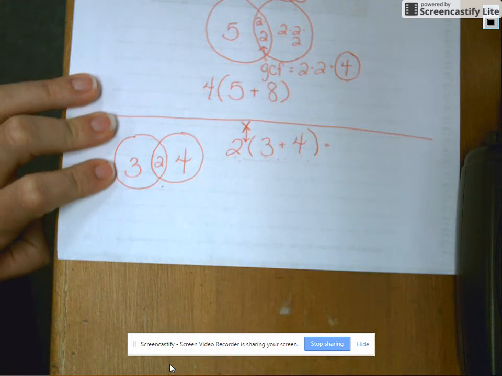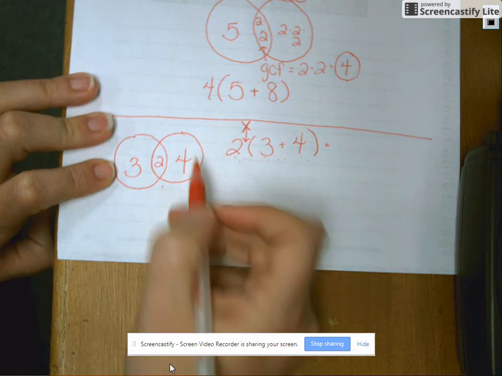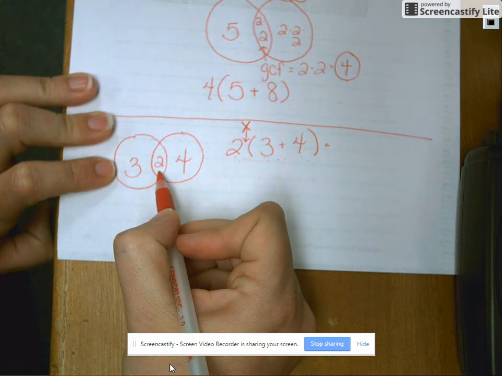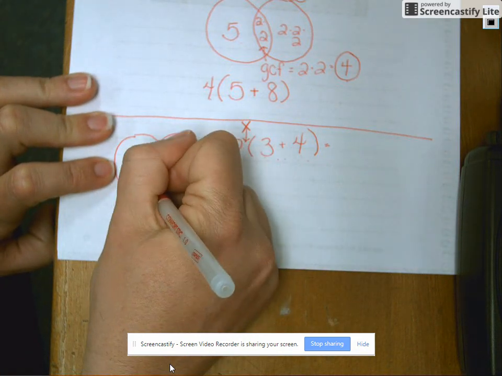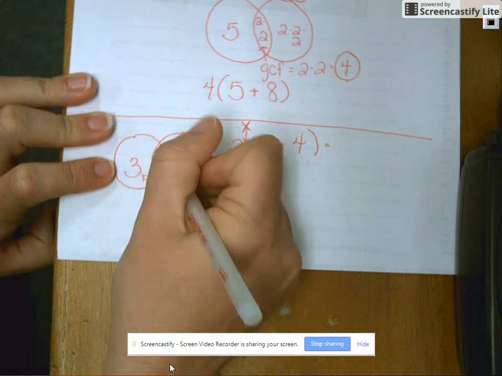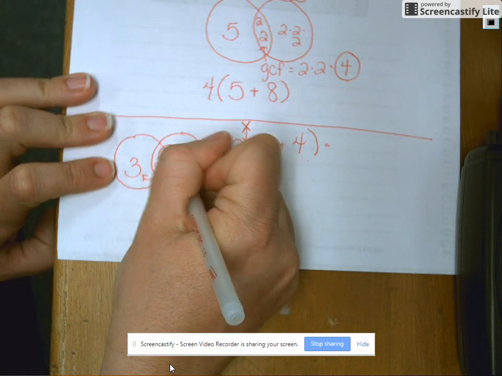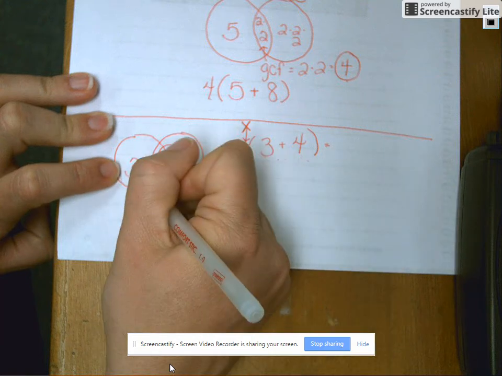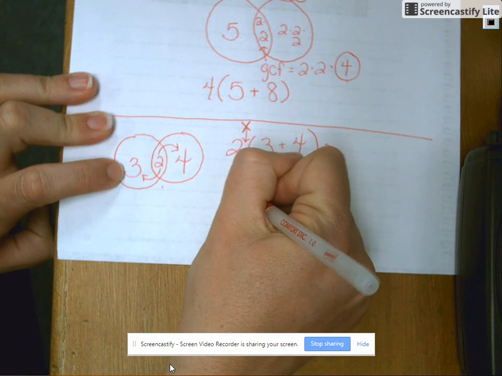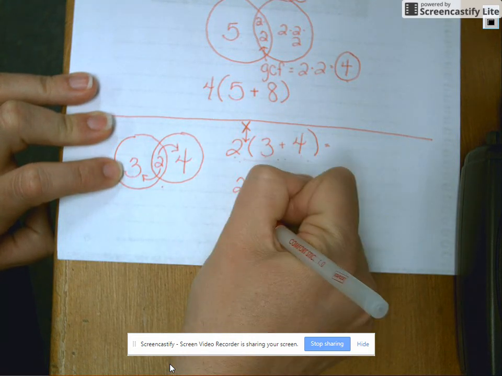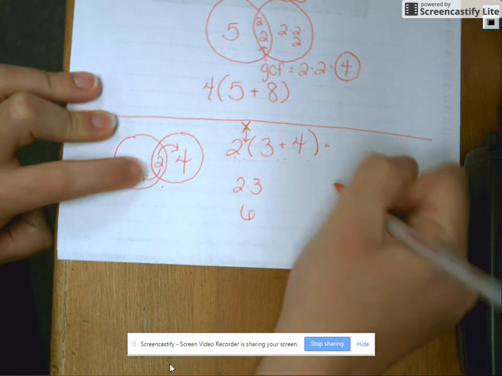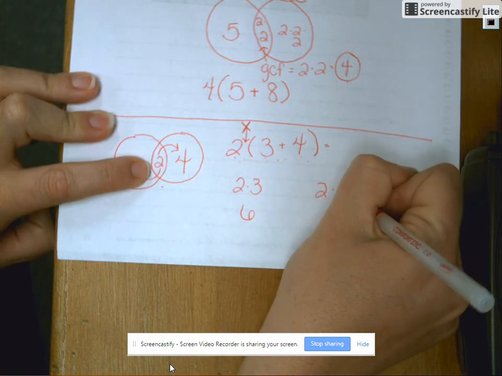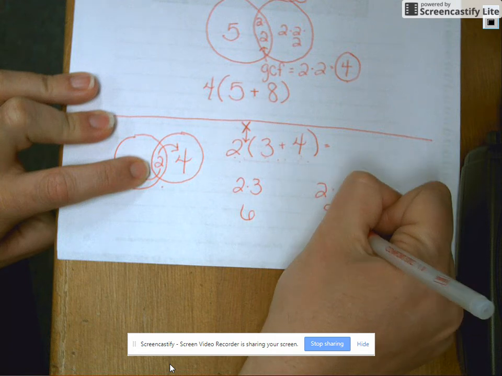Always multiply. So here, if I want to solve this, I would do 2 times 3 and 2 times 4. So 2 times 3 would equal 6. And then 2 times 4 would equal 8.